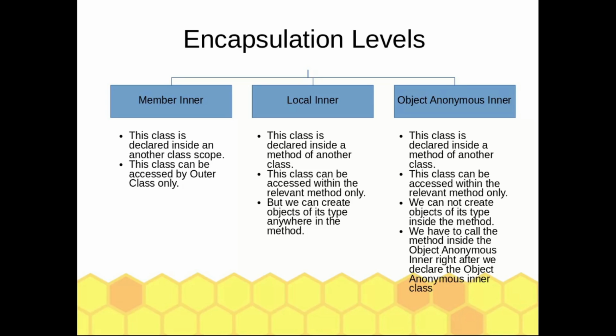We have to invoke the object anonymous inner method right after we declare the class. Otherwise, the method inside it cannot be used. So you can see, from member inner to object anonymous inner, we restrict the access level.